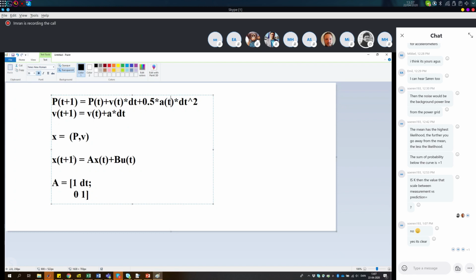So this is t plus 1, this is t. Meaning that if you look into this, the first row would be 1 times p at t, and the second one is dt times vt.